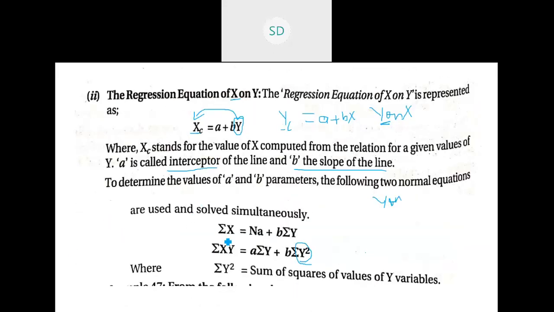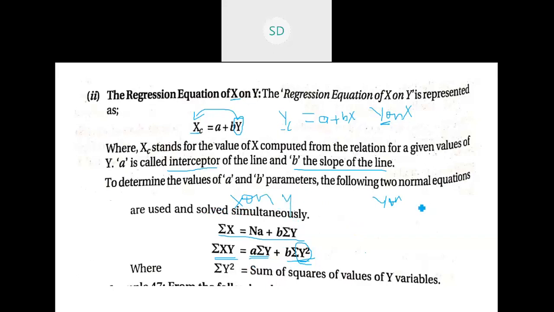So you will have summation x equals na plus b summation y. Then xy will remain as it is. Then here you had summation x and summation x square, but here you have summation y and summation y square. So this is x on y.